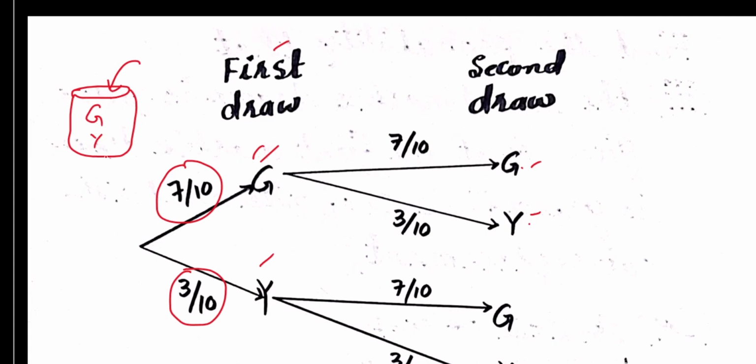It means now your bag again has a total of 10 marbles. So it will not affect the probability at the second draw also. So in the second draw, again you have 7 green marbles and 3 yellow marbles. So the probability of green at the second draw is 7 by 10, and again the probability of yellow marble is 3 by 10.